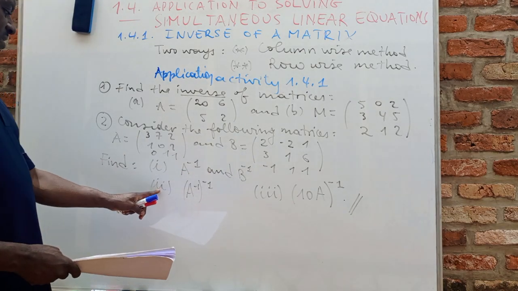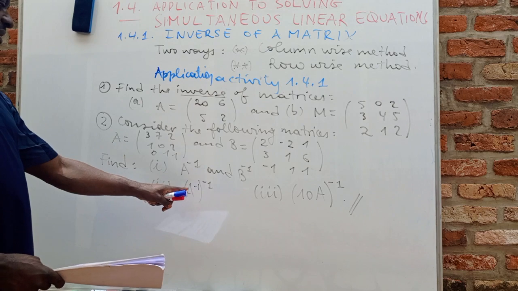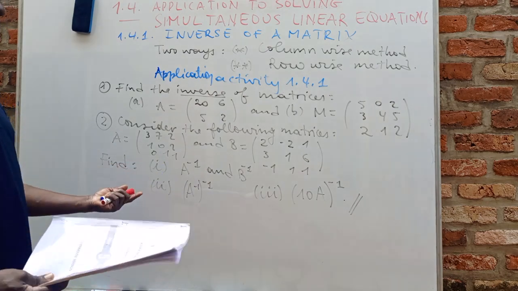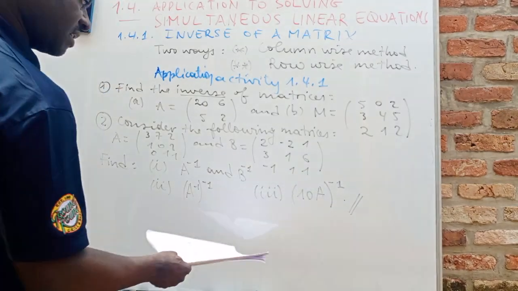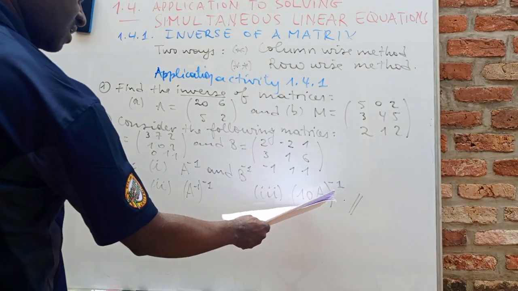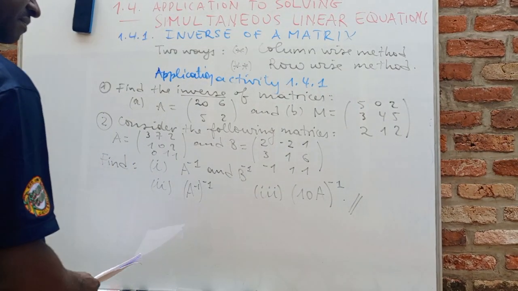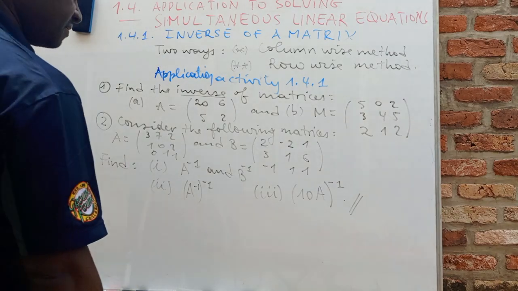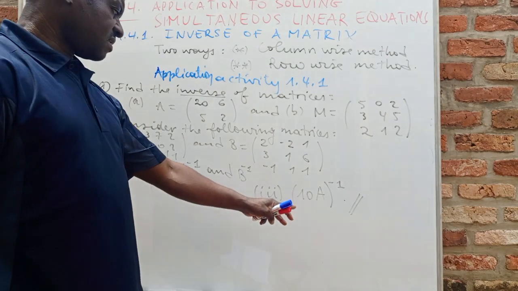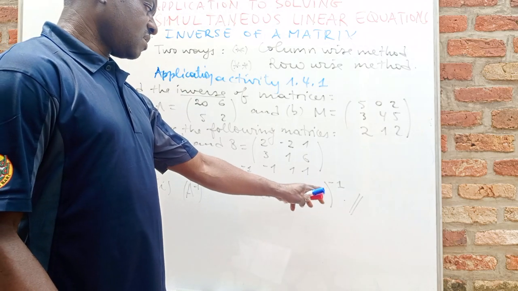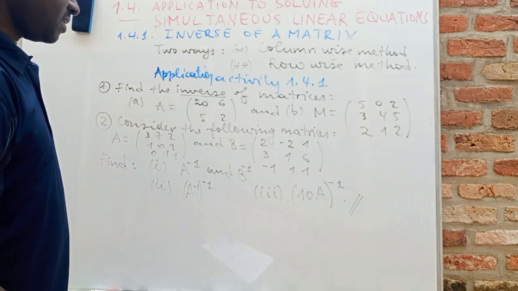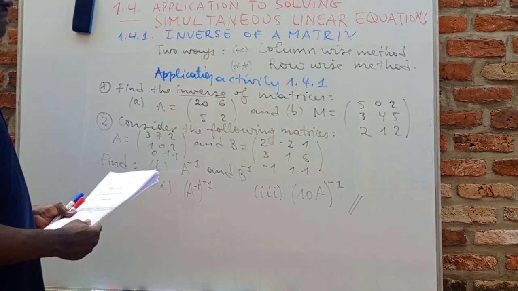Here we are going to find that the inverse of an inverse is the matrix itself, and here the inverse of a scalar times a matrix. We will see some properties connected to this.